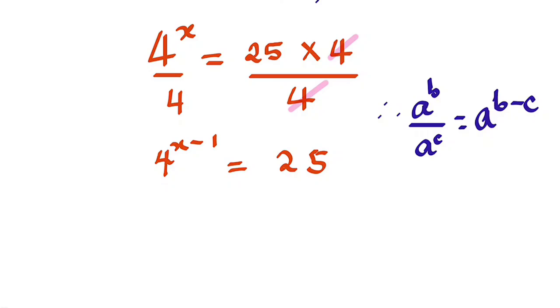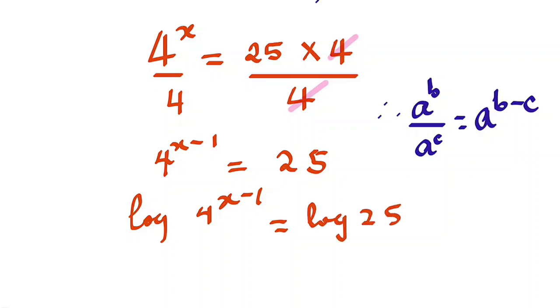Now from there, the next thing we're going to do is introduce logarithm to both sides of the equation. So I'm going to have log 4 to the power of x minus 1 equals log 25.